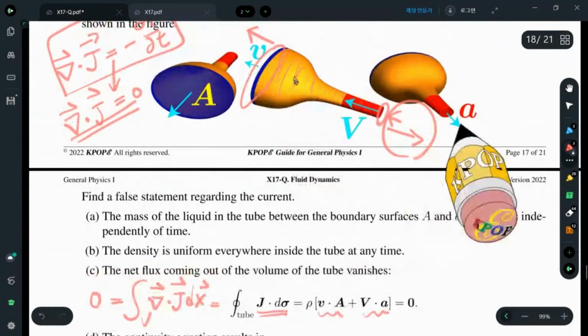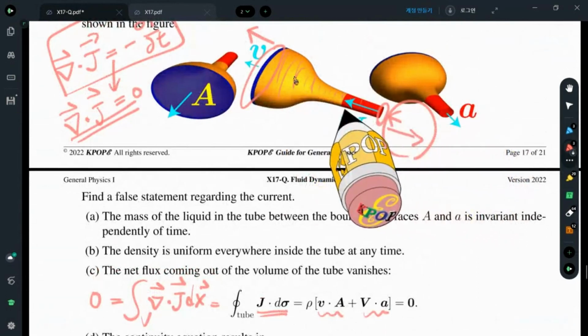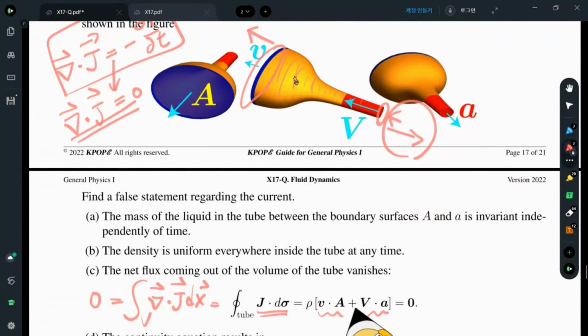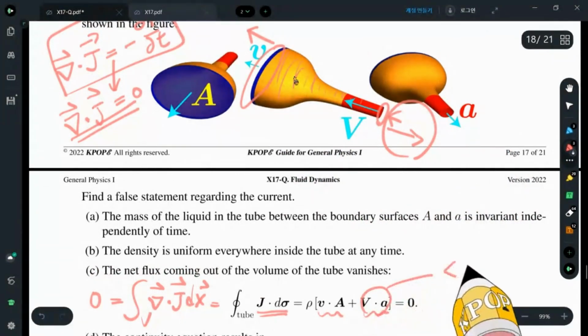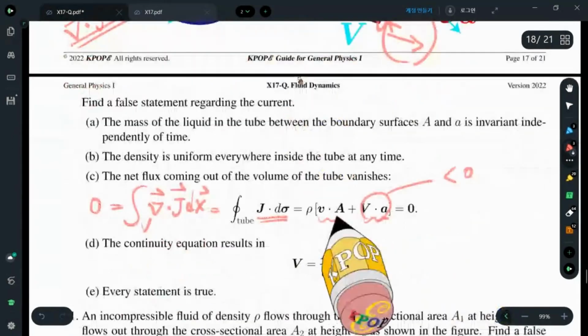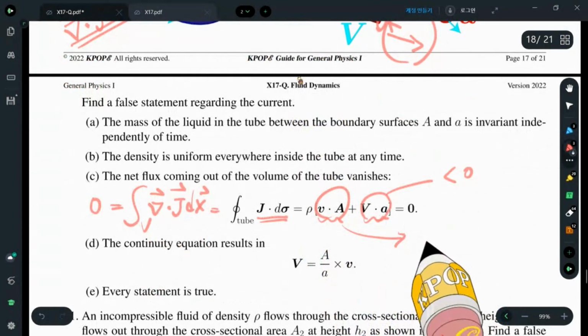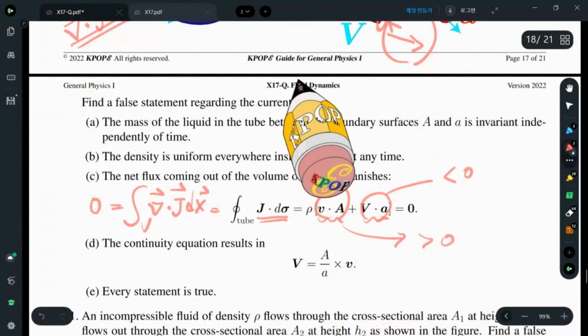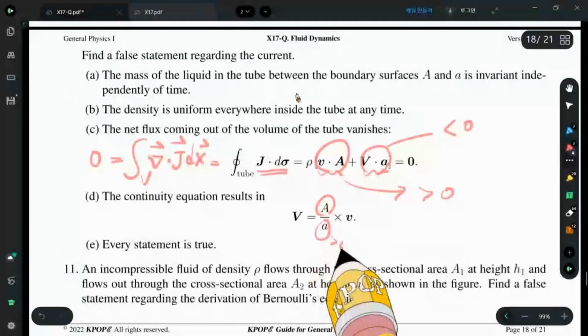Small a is opposite to the flow. Although this is a positive sign, this amount is negative, and this amount is positive. And this is positive definite.